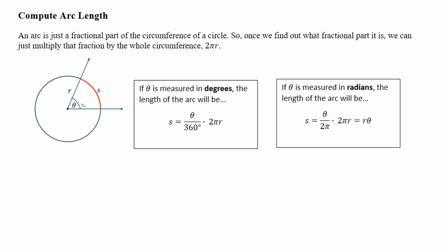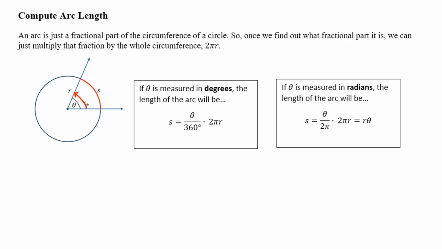So theta over 360 would be the fractional part that you have rotated when you rotate from here to here. And so that rotation is the fractional part. If we're talking about degrees, if theta is in degrees, then that fractional part of the circle that you have rotated there is theta over 360.